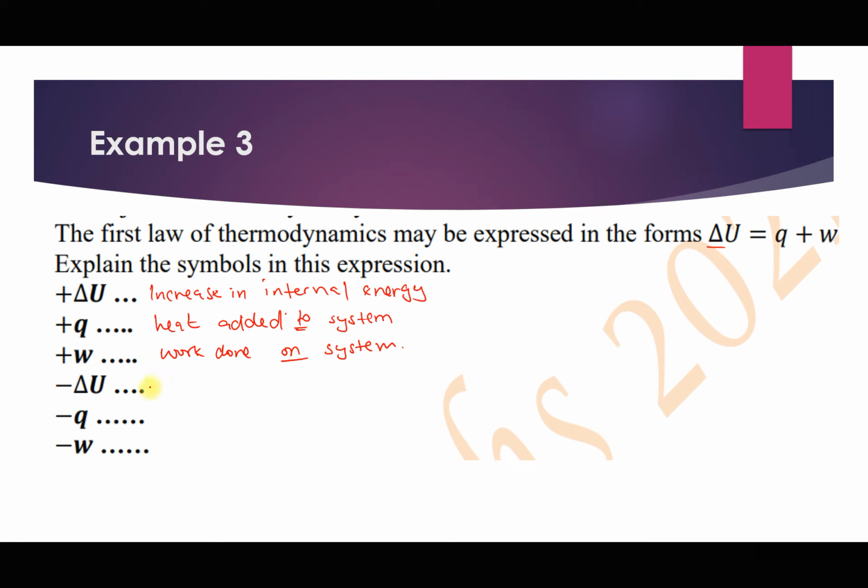Minus delta U means a decrease in internal energy. Minus Q means heat released by the system, or heat lost by the system. Then minus W means work done by the system.